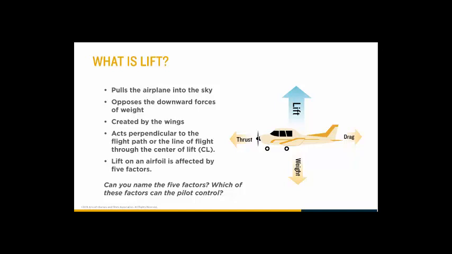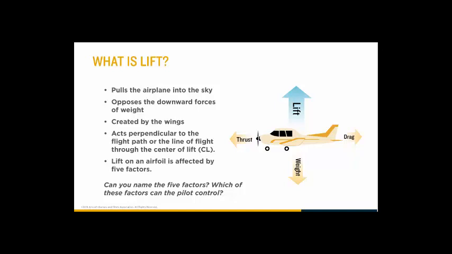So we learned about the 5 factors that affect lift by an airfoil in the previous lesson. So hopefully you're already running through those in your brain, but if you forgot them, let's go over them. The angle of attack, so adjusting the pitch of the aircraft. Airspeed, by adjusting the thrust or by climbing or descending, I guess would be the best way to put it.